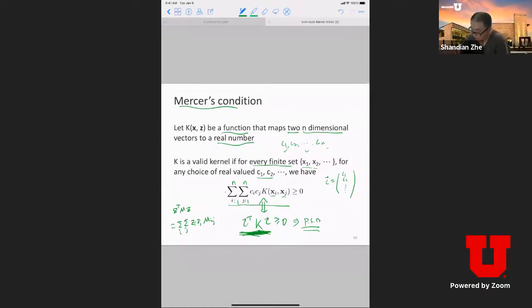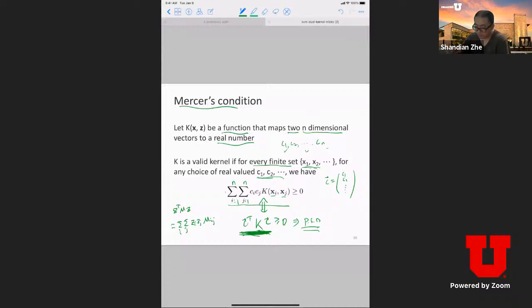It requires that for every possible choice of x1, x2, all the input vectors, and any choice of these c values, you need to ensure that your quadratic form regarding the kernel matrix is non-negative.